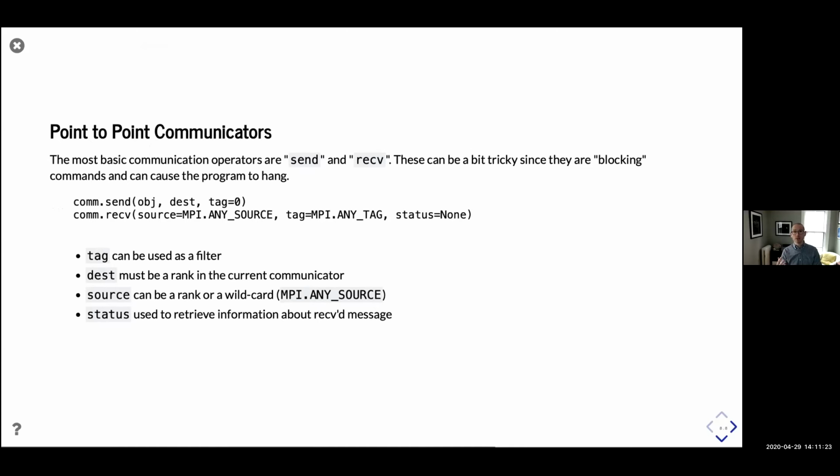But we also have the ability to send and receive messages and data between individual workers. A note that this can be a little tricky because these are what are called blocking commands. If I have a receive statement or a send statement, but the receive statement's the particular one, it will wait until it receives the data.